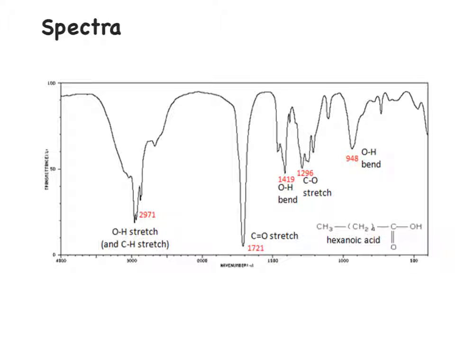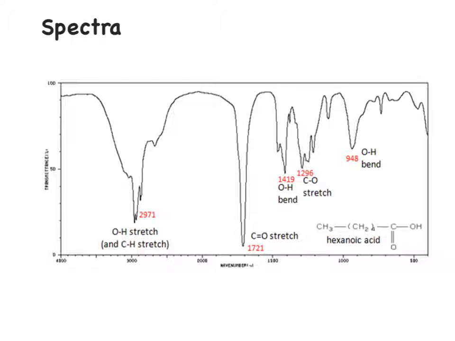Now, the peak that appears up about 3,000, 2971, they've got it written down here as the OH stretching pattern. In other words, the bond between the oxygen and the hydrogen stretches. So like rubber bands, it goes stretch, then back, and this produces the pattern. We would call this peak a broad peak.